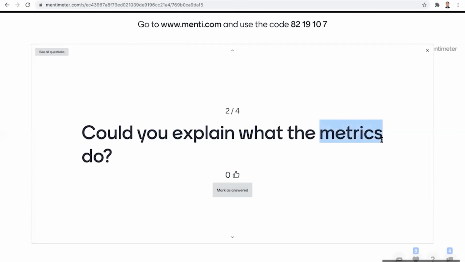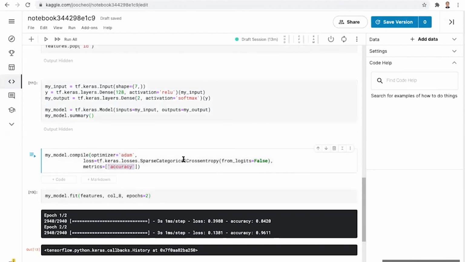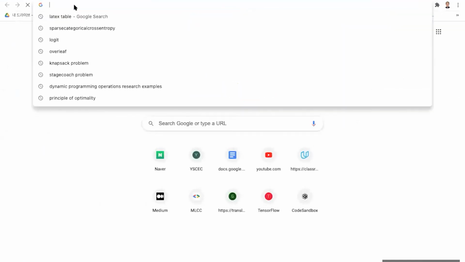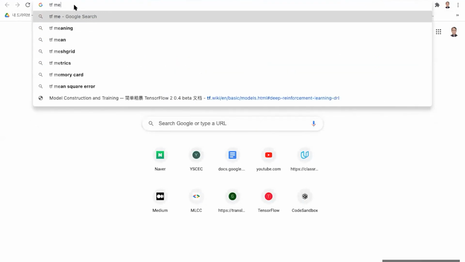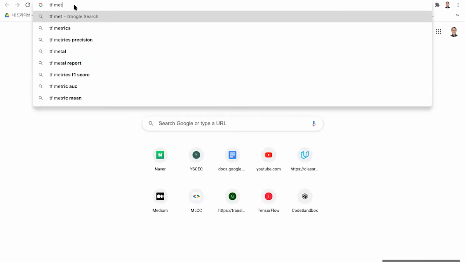The metric is just a monitoring tool, to see how your model training works. For example, we can choose our metric as accuracy, here. But we can also choose another metric. I don't know yet what kinds of metrics are available in TensorFlow, so maybe we can search for TF metrics.